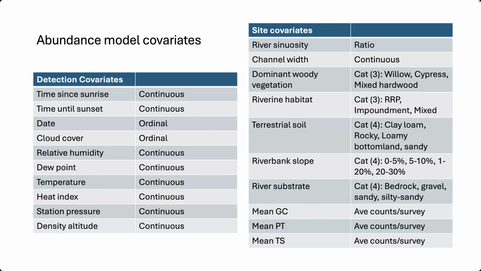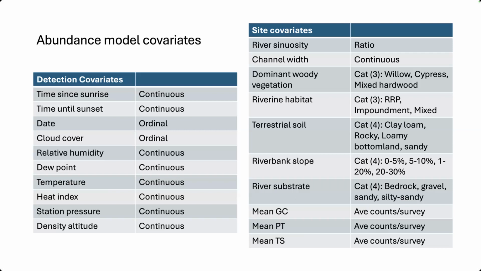We looked at the riverine habitat, whether it was river runs pool, so unmodified river, whether we were in an impoundment, or whether the transect included both impoundment stretches as well as riverine stretches. We also looked at terrestrial soil in 4 categories: clay, loam, rocky, loamy bottomland, or sandy mix of soils.